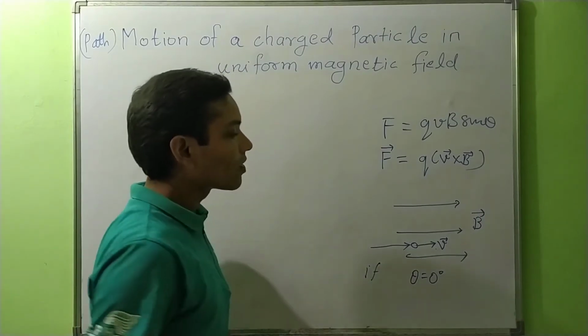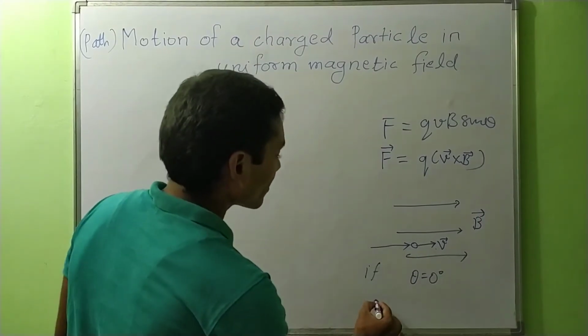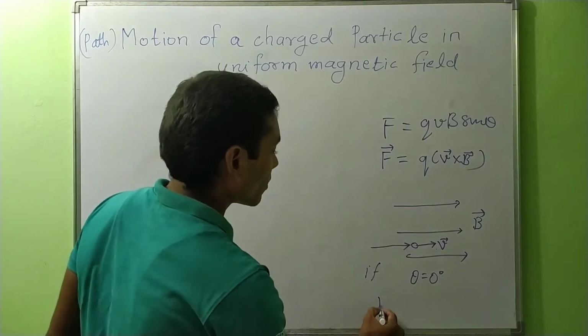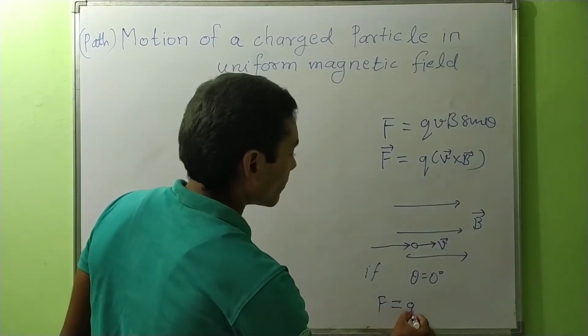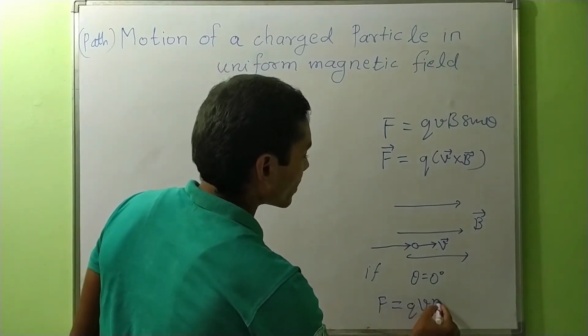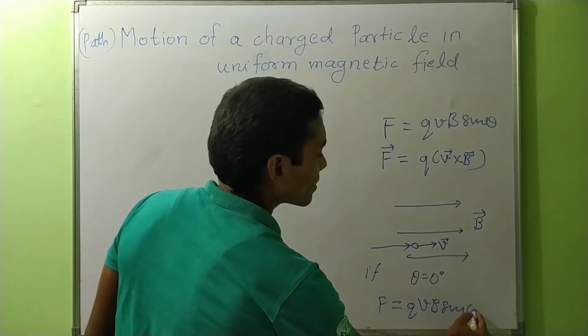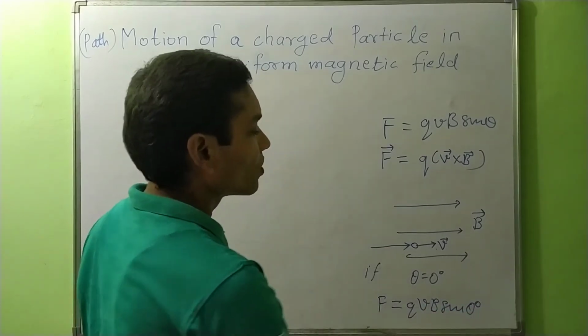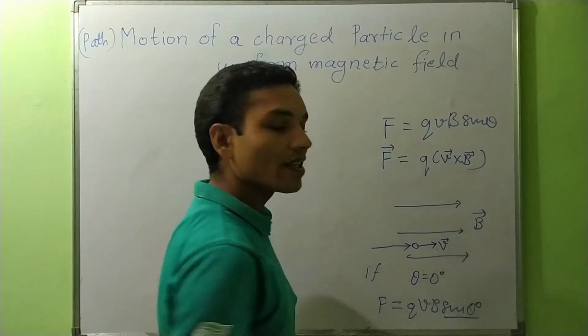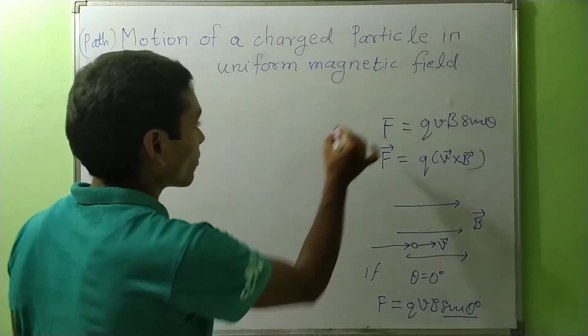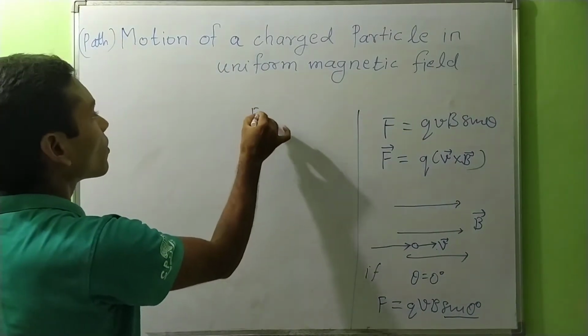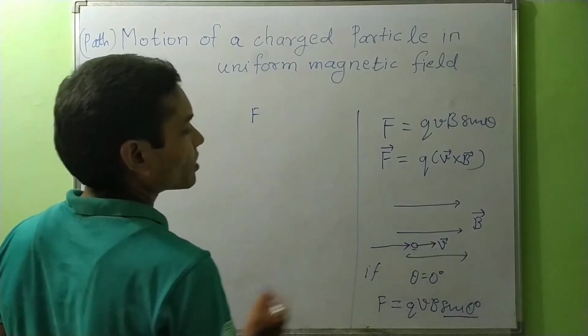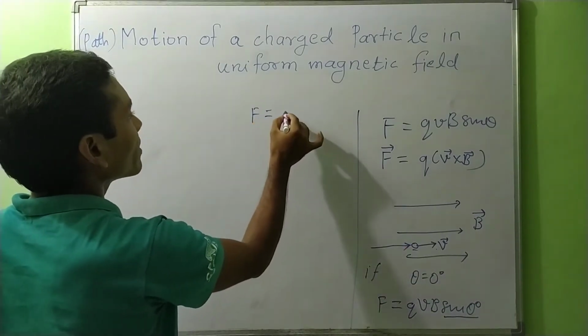If theta equals 0 degrees, then from this equation force F will be QVB sine 0 degrees, and you know that sine 0 degrees is equal to 0. So the force on that charged particle will be 0.